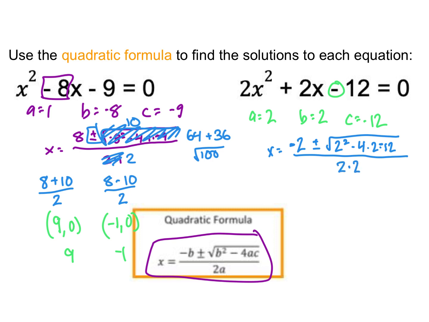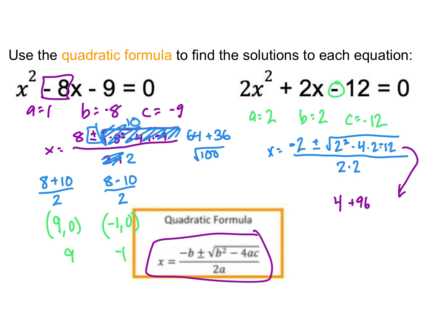All right, so again, I'm just going to simplify this as best I can. I'm just going to do the math part down here. So 2 times 2 is 4. Negative 4 times 2 is negative 8. Negative 8 times negative 12 is positive 96.